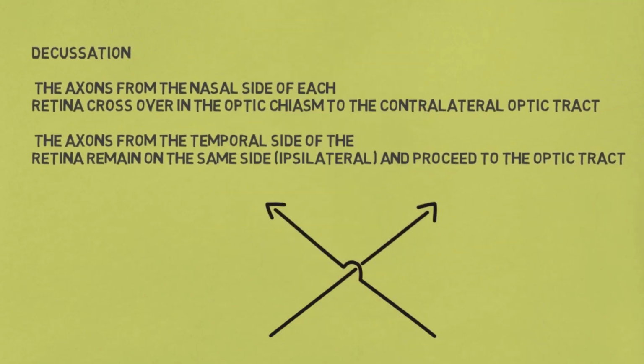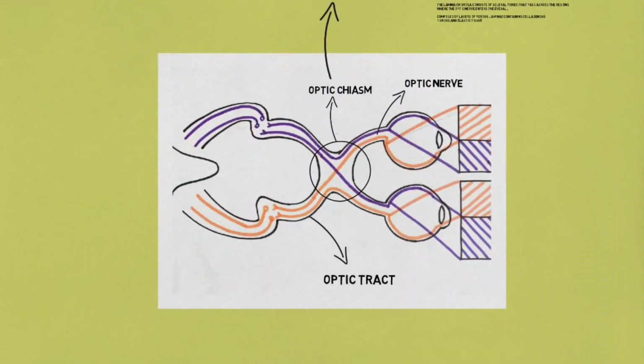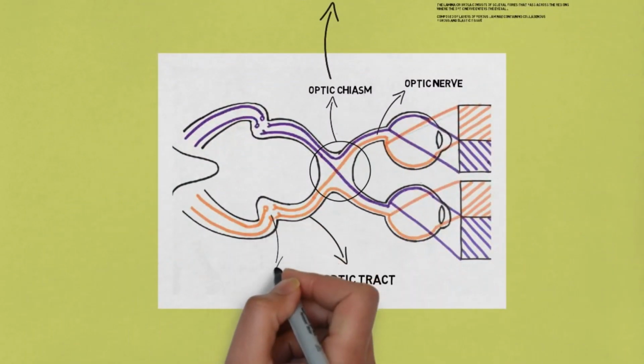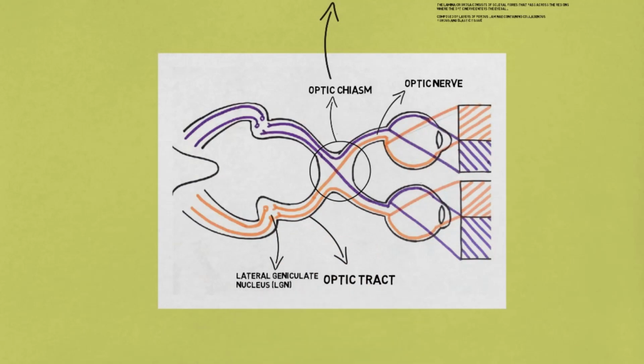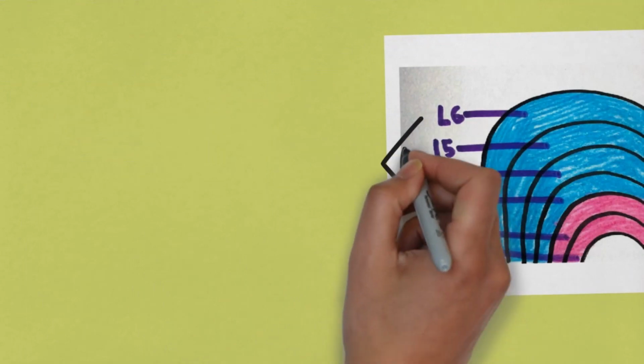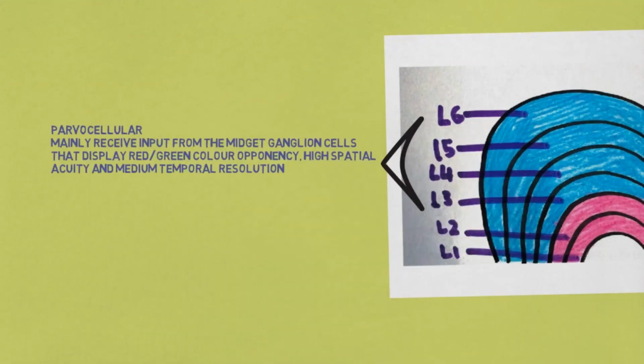In the optic chiasm, some of the axons from the two retinas undergo decussation. Lateral geniculate nucleus (LGN) contains 6 main layers.